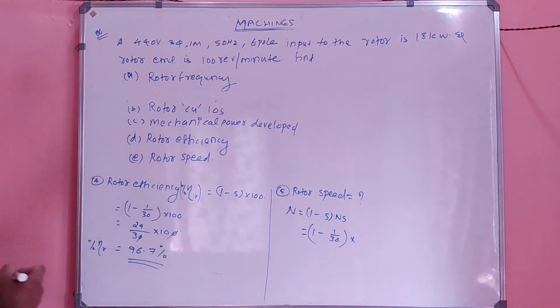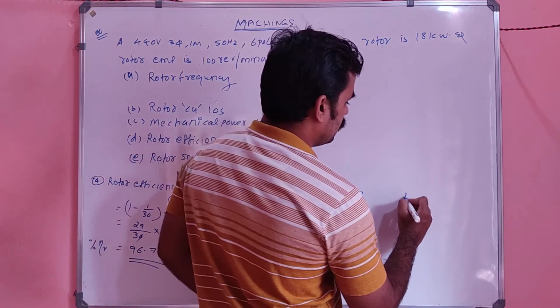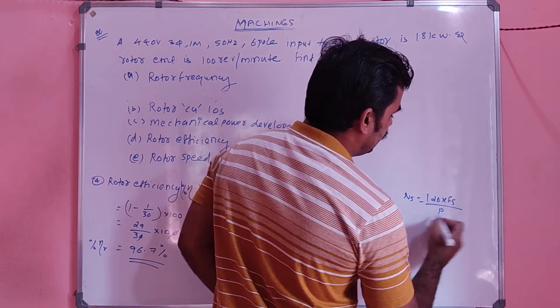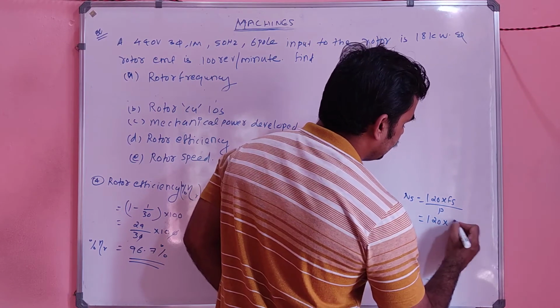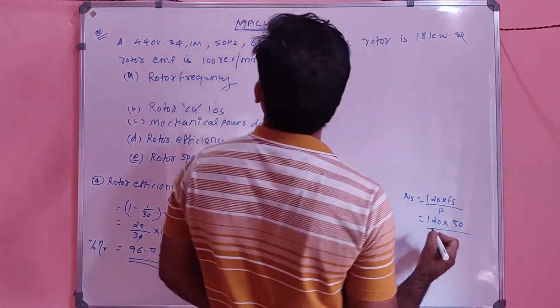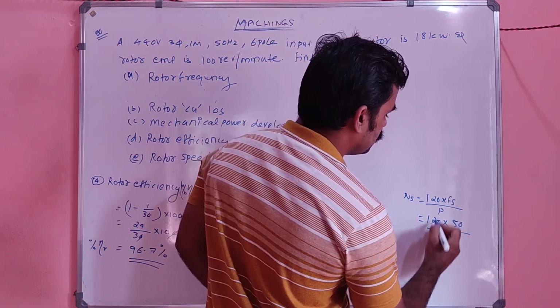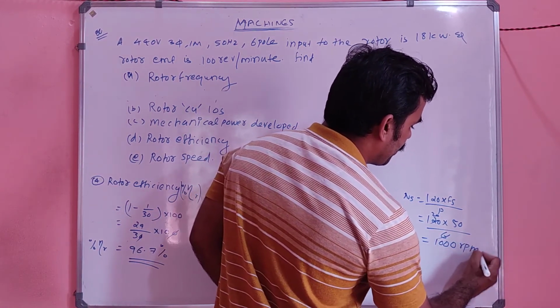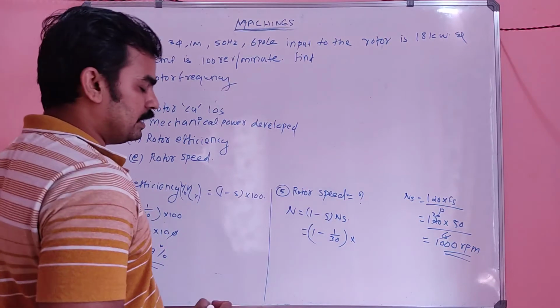Synchronous speed is what? We have to find synchronous speed, correct? So ns will be equal to 120 into fs by p, which is 120 into 50 divided by p, which is 6, so it will be 1000 rpm. So ns will be equal to 1000 rpm.